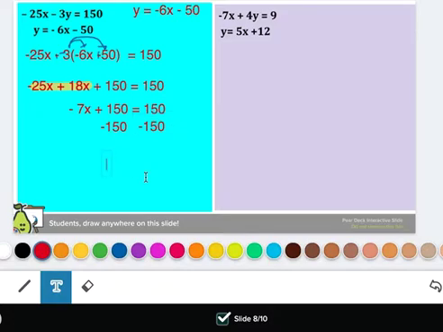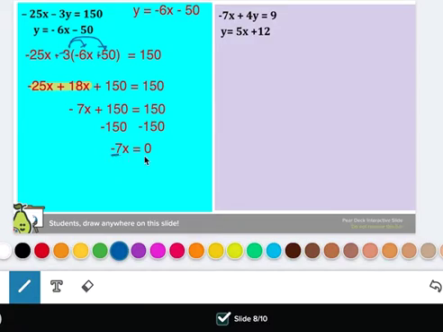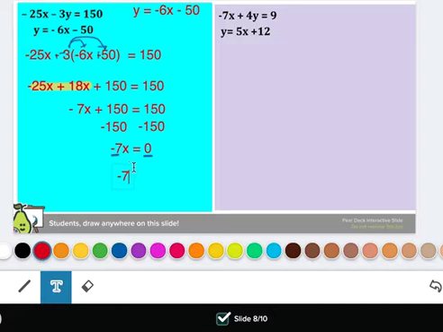We get -7x equals that 0 on the other side. Divide by -7, and you get the answer of 0 to both.